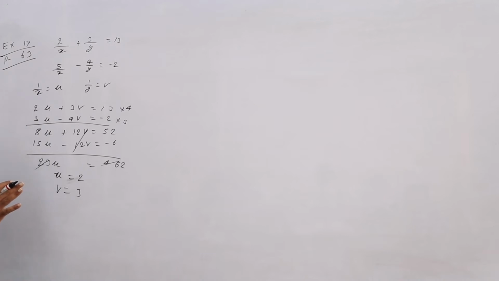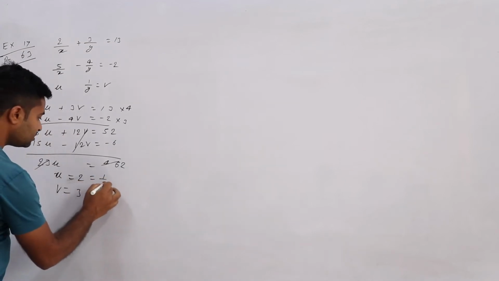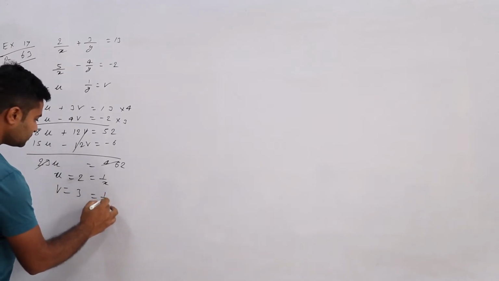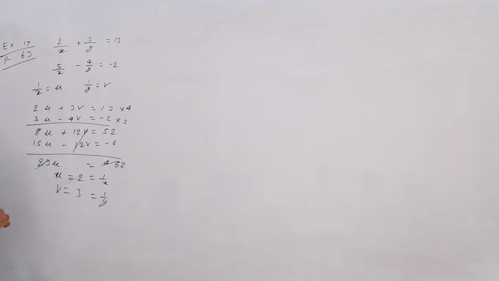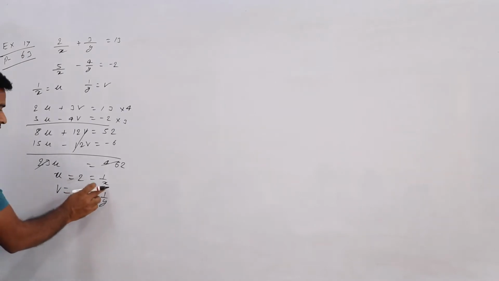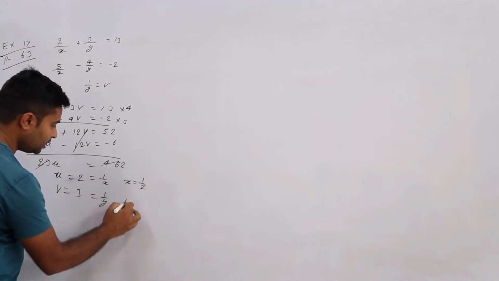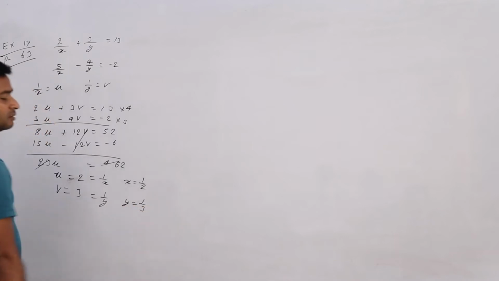Now, what did we assume u to be? u is equal to 1 by x, and v is equal to 1 by y. So x is equal to 1 by 2 and y is equal to 1 by 3.